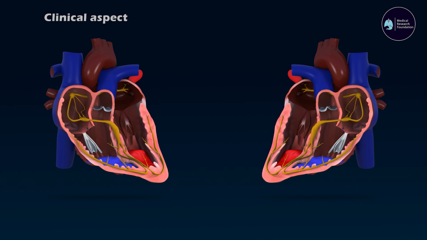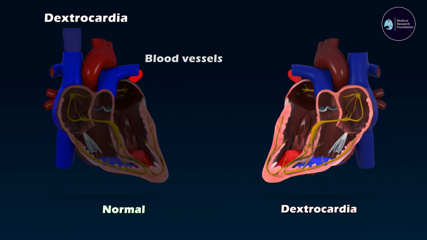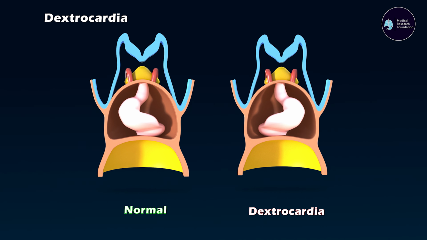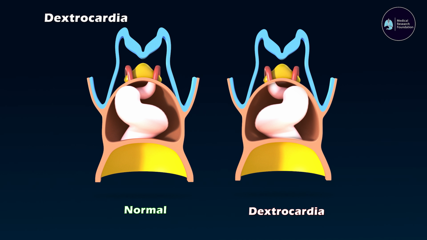Clinical aspect: Dextrocardia. In this condition, all the chambers of the heart and associated blood vessels are reversed as a mirror image. That is, all the structures that normally lie on the right side are on the left side. It occurs if the heart tube bends to the left instead of the right.